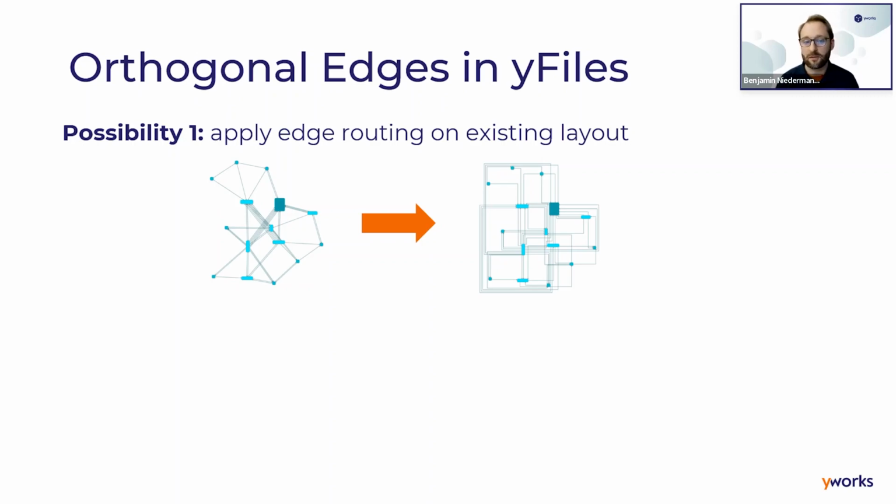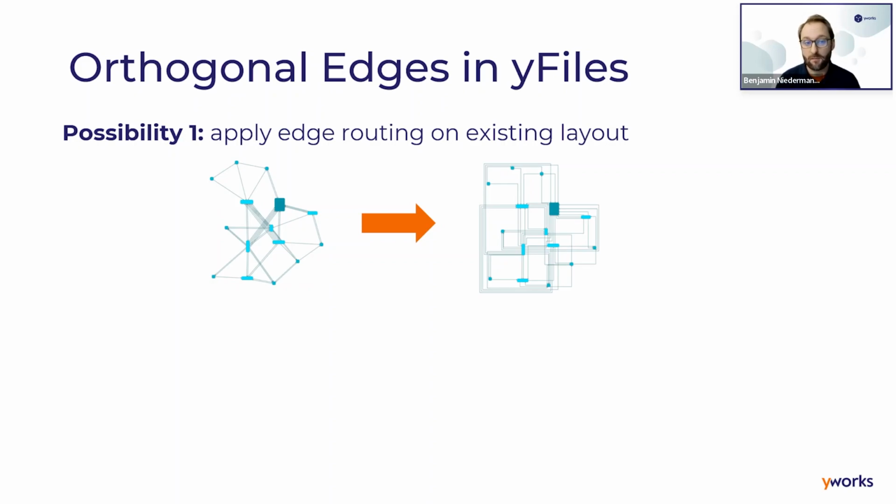It's not only about reducing the number of bends, but a contradicting optimization criterion is the number of crossings. So this is a typical problem that you get when you want to create orthogonal layouts. It's a question of the balance between bends and crossings.